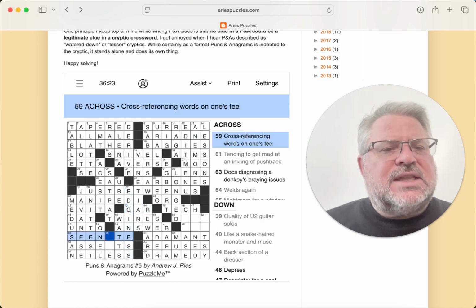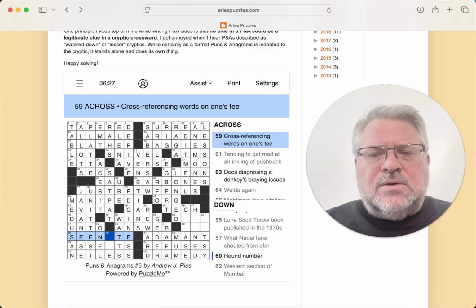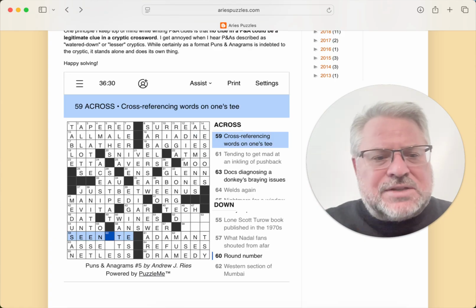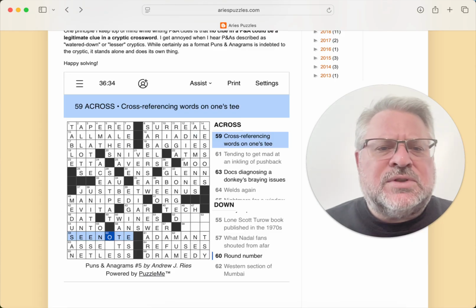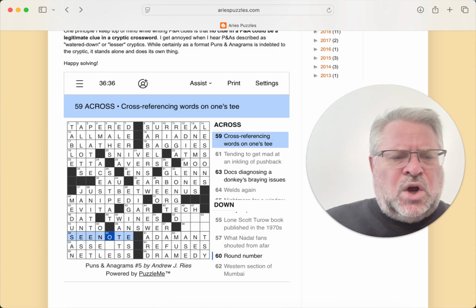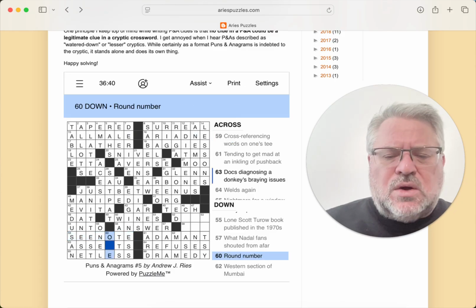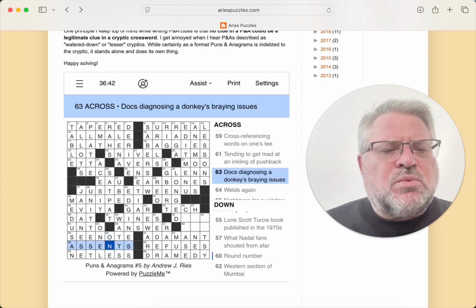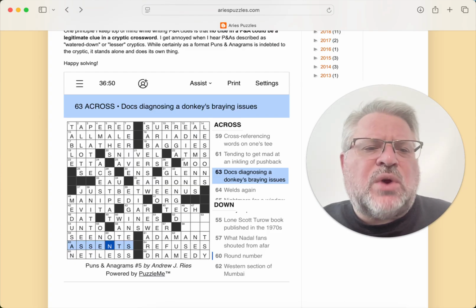Okay, see if we can get this. C note. If you cross-reference something in the text, you would say see note in parentheses. And so that is cross-reference, and it is on one's T. Yes. 1 is a round number and a donkey's braying.